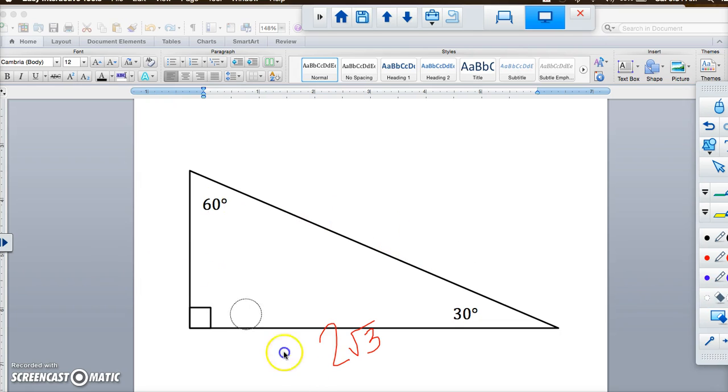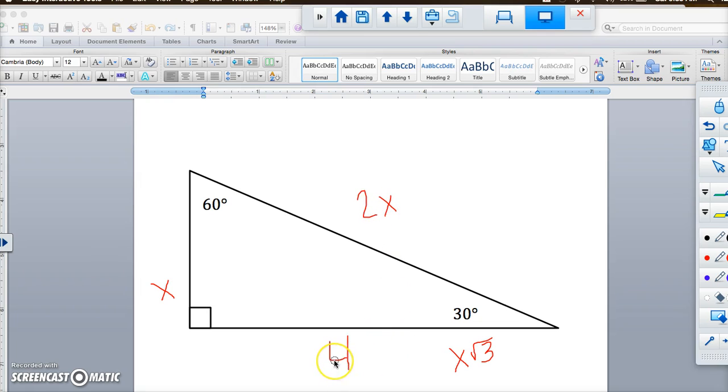And here's where it gets tricky. If I tell you that this side is 4, and remember that side is x times the square root of 3, this side is x, and this side is 2x.